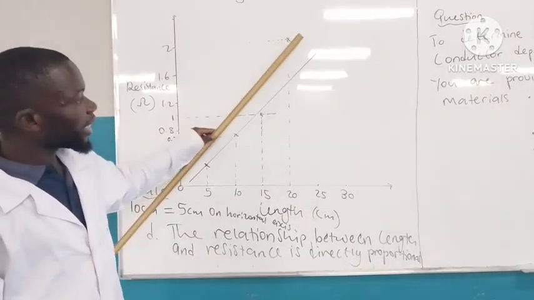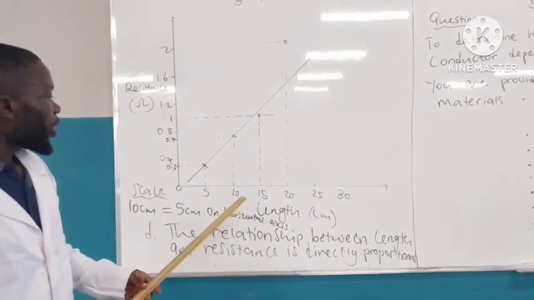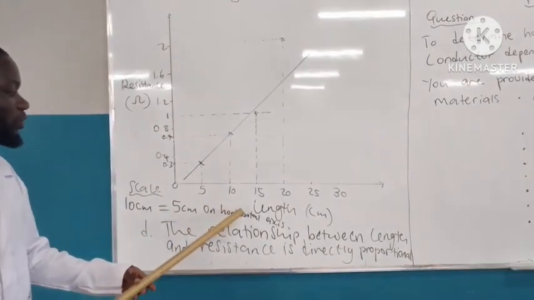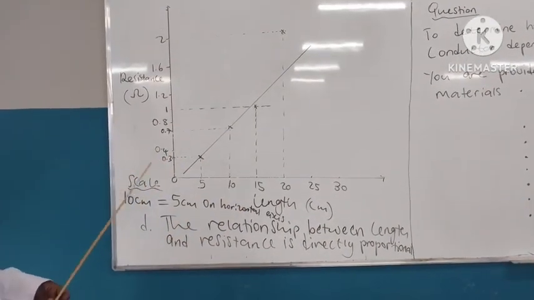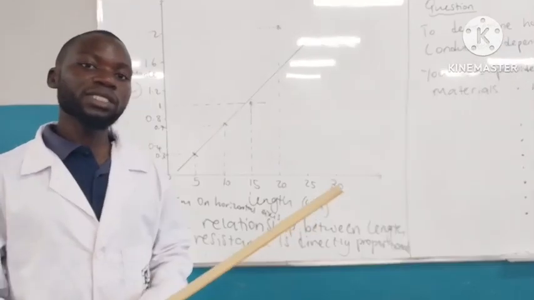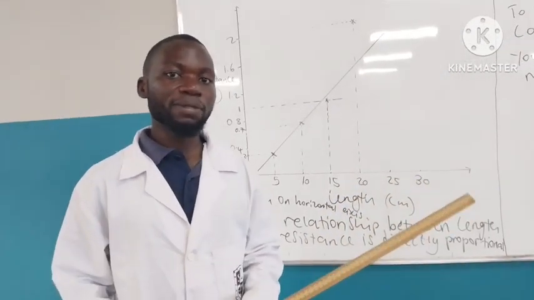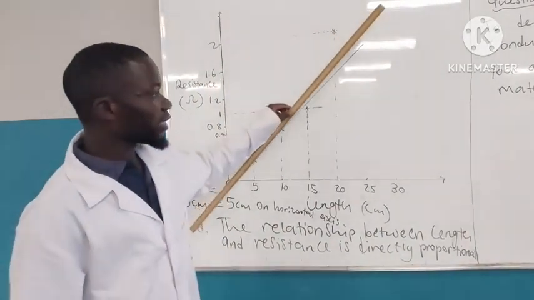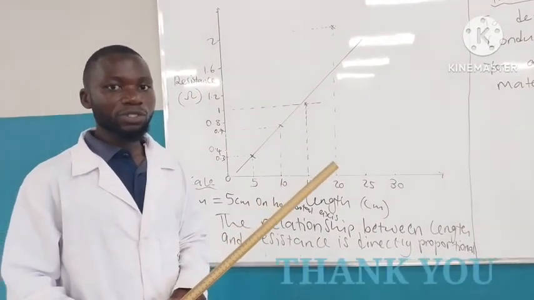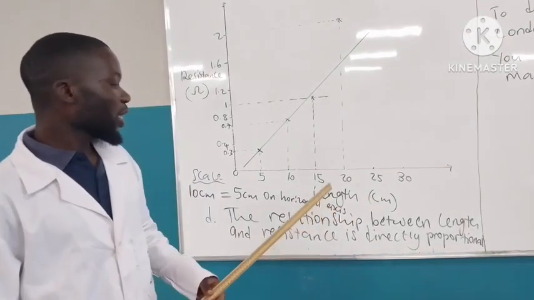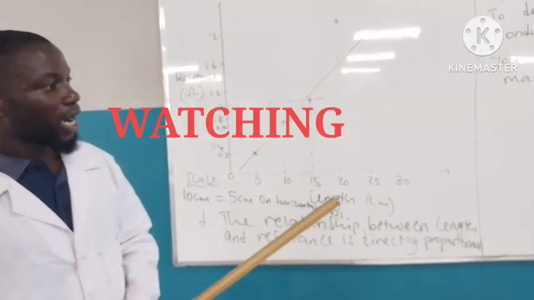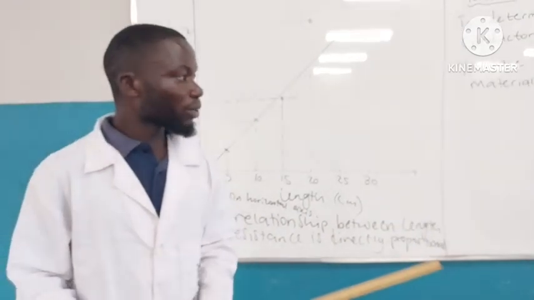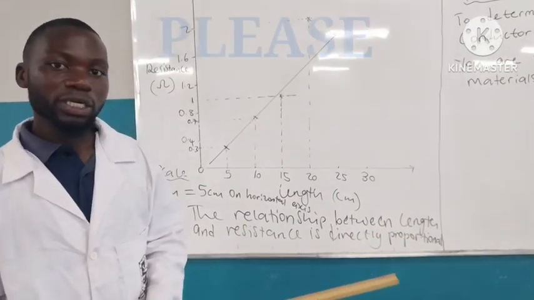Because it's a straight line graph, the relationship of resistance and length is directly proportional. Length was increasing, resistance was also increasing. That is why we have plotted a straight line graph. Reaching this point, we have answered questions C and D.